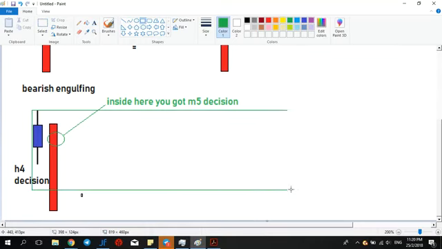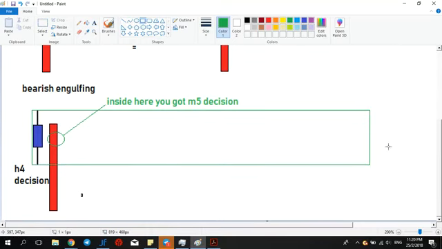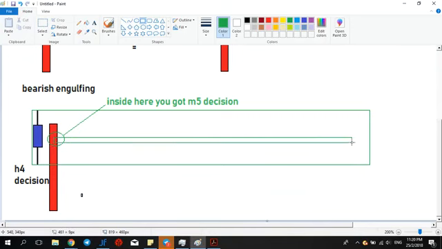So this is your zone. This is your base on H4, and this is the decision point on M5. This is M5 decision zone.